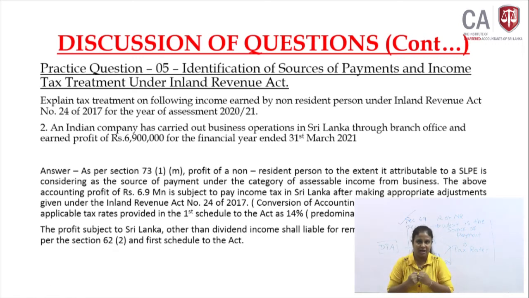Then when it comes to the profit derived through the permanent establishment, you have to compute a taxable income from business, and if there is an investment income, like you are doing for the resident company taxation, the same format applies.